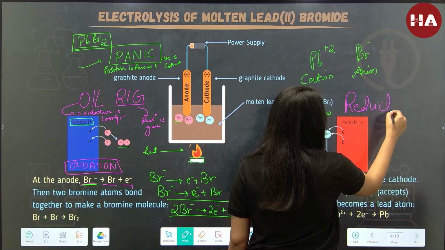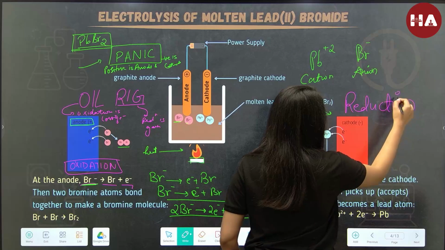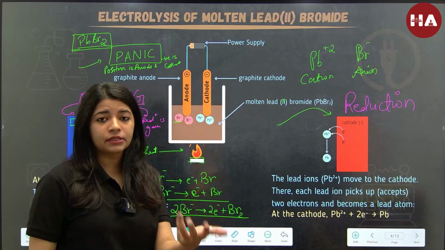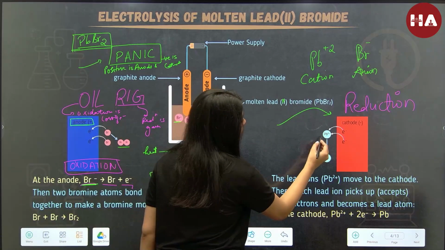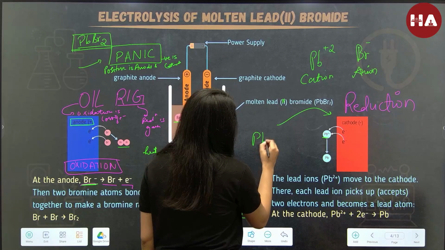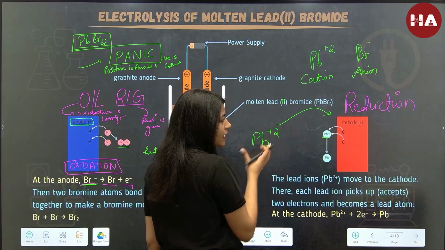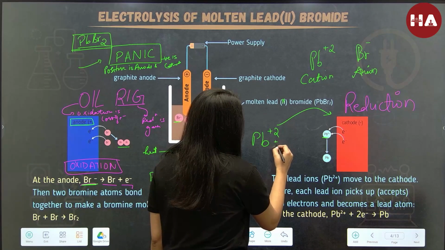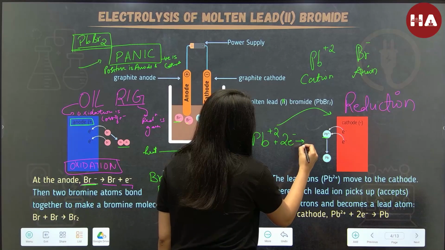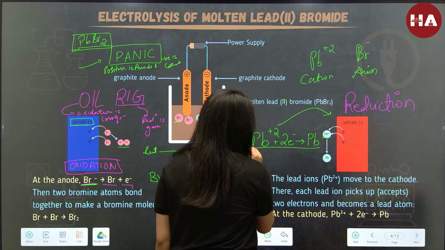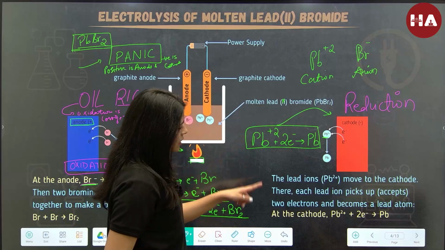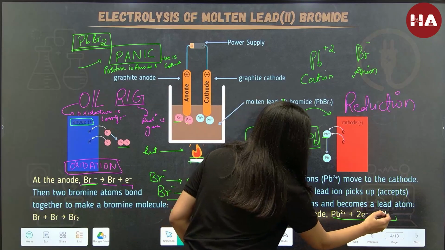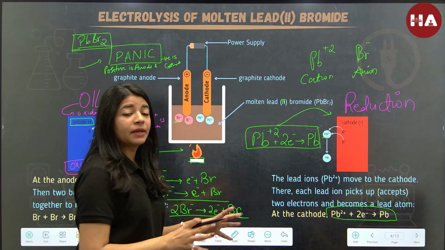So at cathode, reduction of lead ions takes place. It means lead, so Pb plus 2. It needs 2 more electrons, so it will gain 2 electrons from the cathode and then it will become a neutral species, which is Pb. This is the reaction which will take place at cathode.